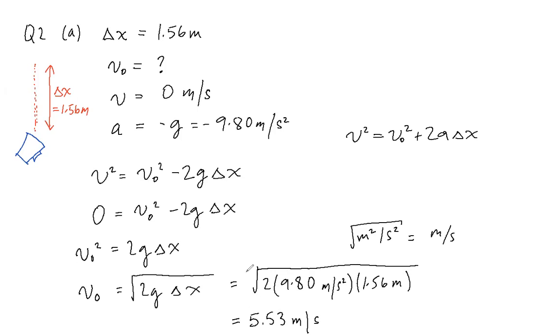All right, and so you see, it's very important that when you solve problems like this on the midterm exam, I'm going to be looking very closely to make sure that you're actually accounting for the units. If you just put 5.53 and leave out the units, you will only get a very small amount of the actual credit.